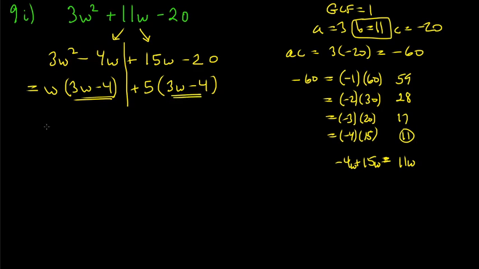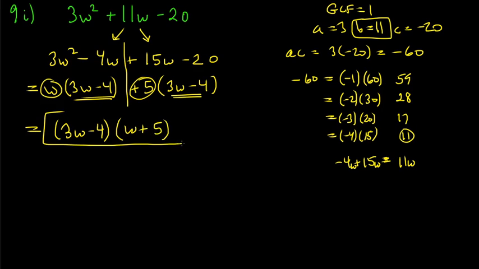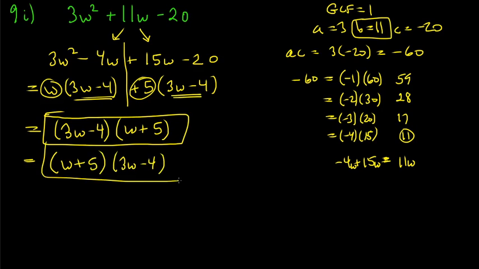So the 3w minus 4 is our common factor. We can factor that out. And it multiplies the w plus 5. Good enough, right? So that's the answer to part I. Again, order doesn't matter, so w plus 5 times 3w minus 4 is just as good.